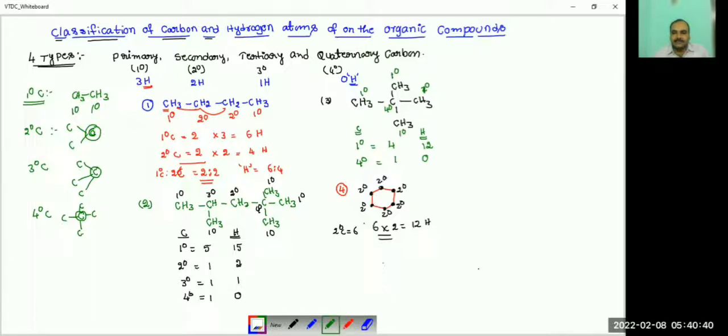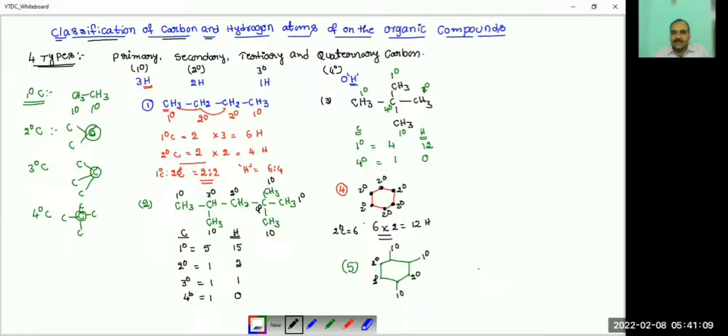And next one. This one is the structure. And this is the primary carbon, and this is the primary carbon, primary carbon. These are the secondary, secondary, secondary.